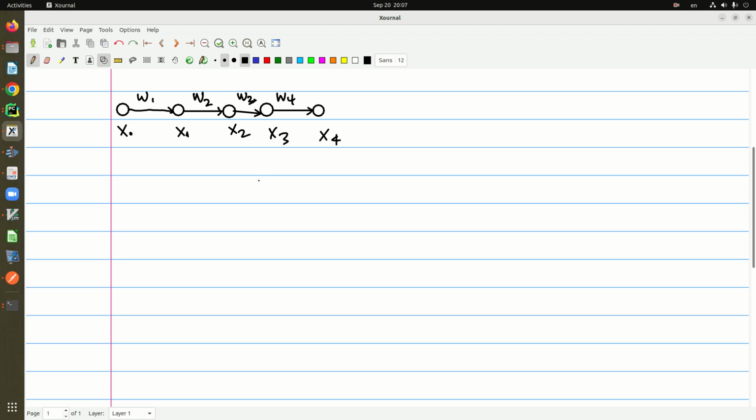In the official mathematical notation that you're going to see in books about neural networks, it is a little bit different. For now, we don't want to complicate the notation. We just want to have an intuitive understanding of how things work. The notation is something that you can follow later.